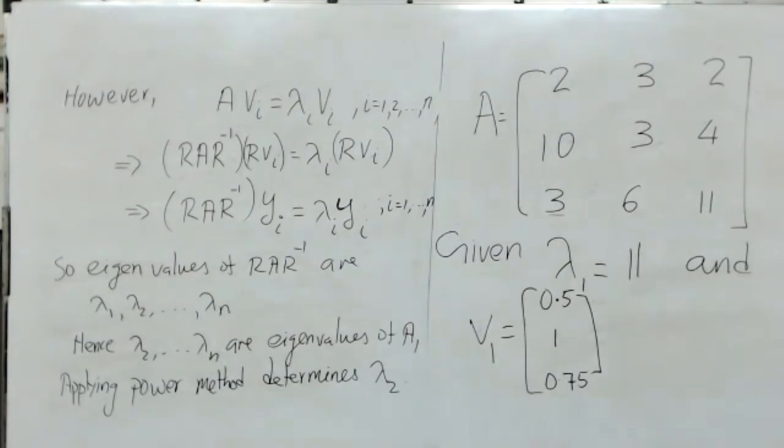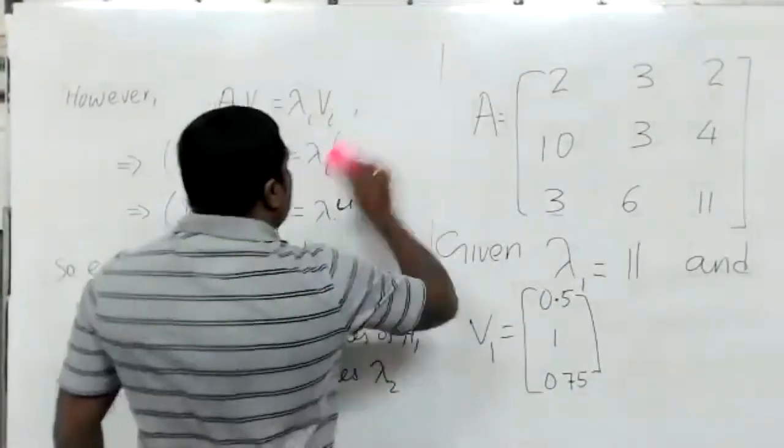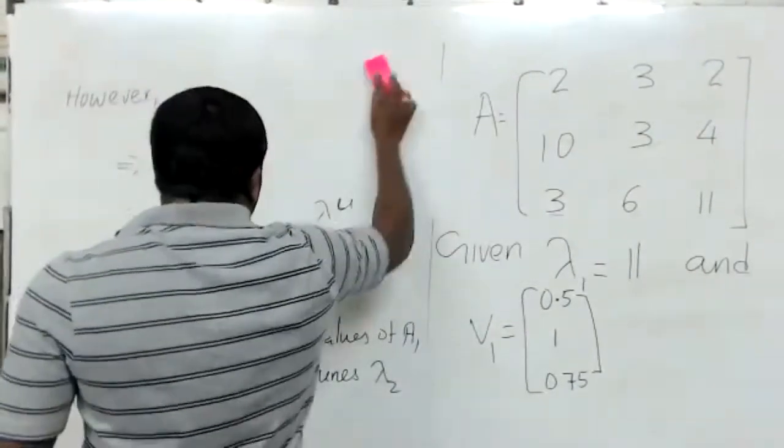These are computed values. Suppose all these are given.